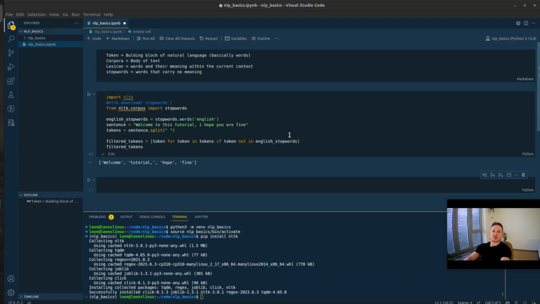Now let's look at the question, what is stemming? Stemming basically means to bring the word back to its stem. So remove all unnecessary additions. For example, let's look at the word learn. We have learning, he learns, and when you would stem it, you would remove the ing part or the s, and you would just have learn.